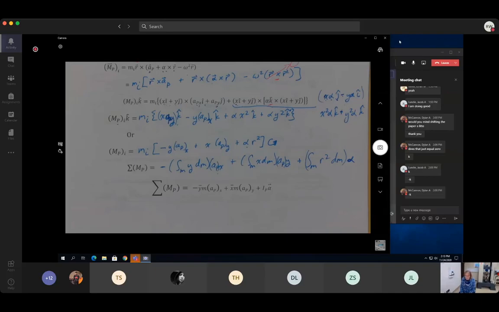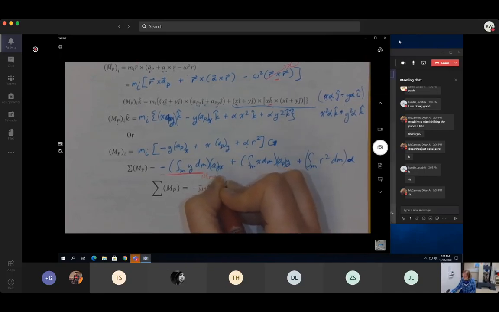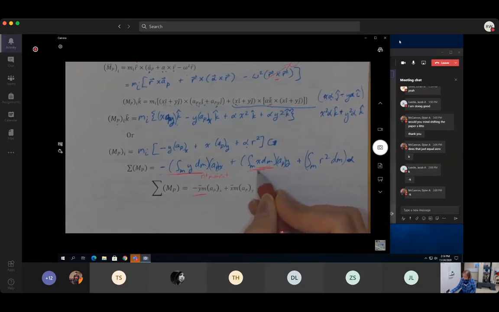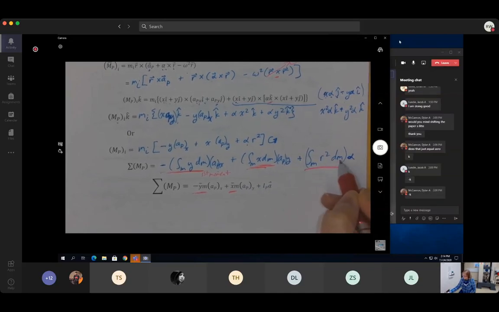And we like when we get things into this form, because the integral of y over the mass is just the center of mass in the y direction. So it's just y bar times m. So it's the first moment. We've got another first moment here: integral of x dm gives us x bar times m. And then integral of r squared with respect to the mass is a moment of inertia.